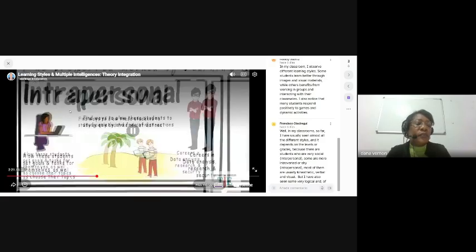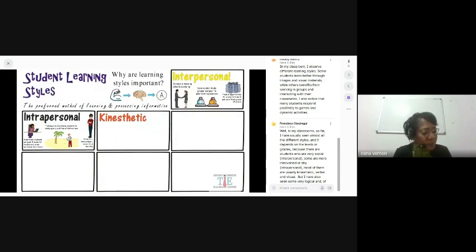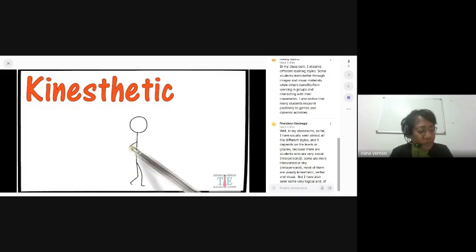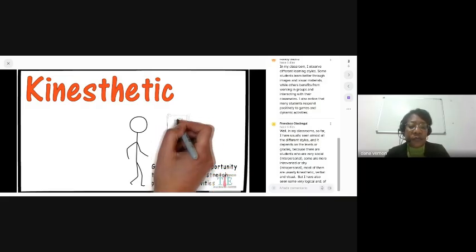And as security guards. Moving on to kinesthetic learners. Kinesthetic learners are also called physical learners because they enjoy movement and exercise as they learn. As a teacher, try and give students the opportunity to walk around and stretch, and provide class activities.